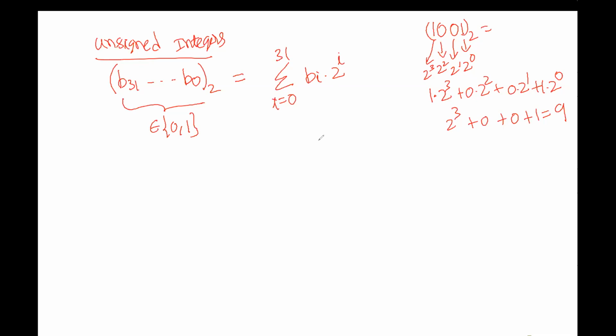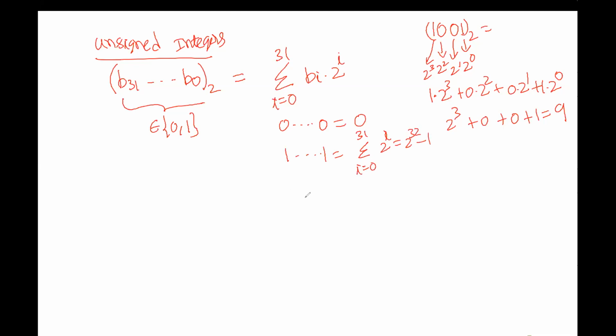Yeah. So when all the bits are equal to 0, you get 0. When all the bits are equal to 1, what you have is sigma I equal to 0 to 31, 2 power I, and this is equal to 2 power 32 minus 1.